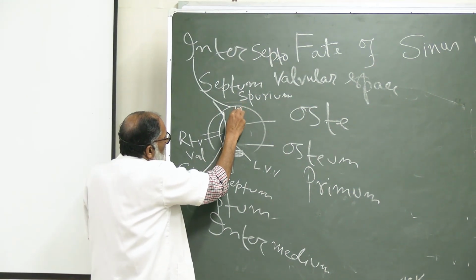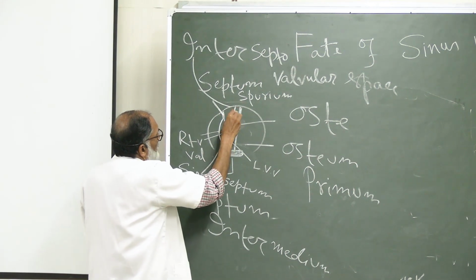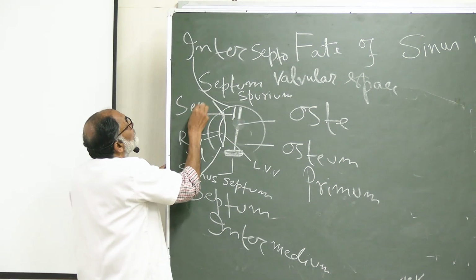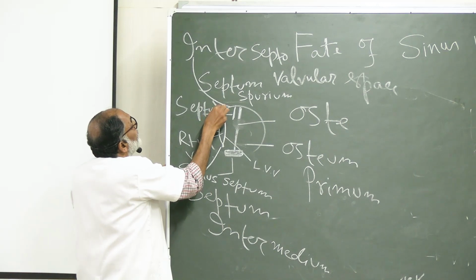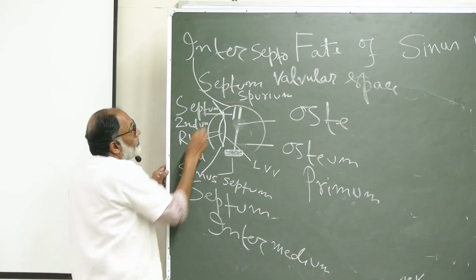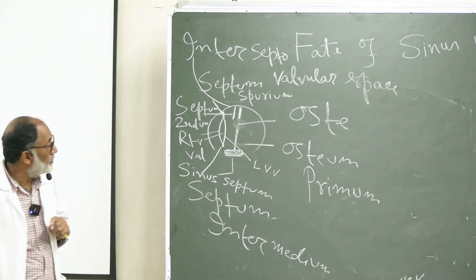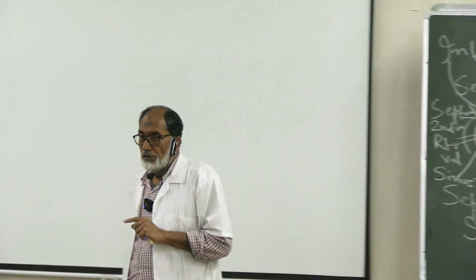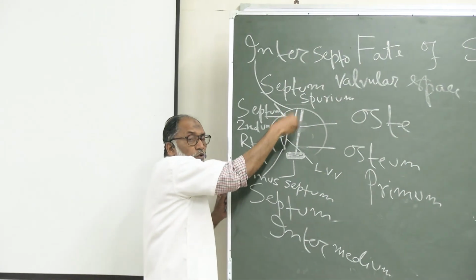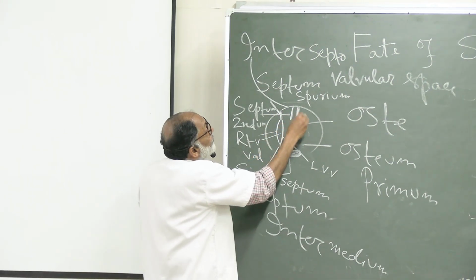That is called septum secundum, the second septum. This septum secundum will develop so much that it can cover this foramen.